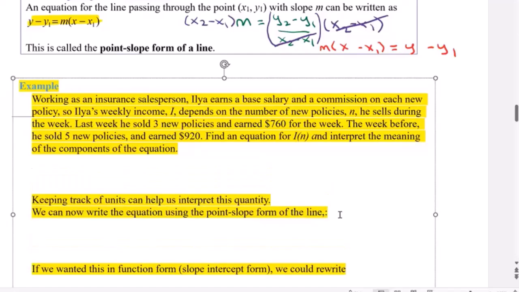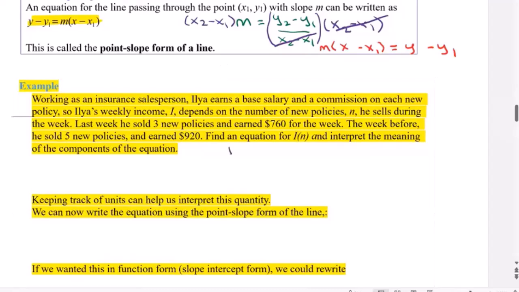And basically, it's asking us to find an equation for this I of n and interpret the meaning of the components. Again, I have 2 equations, right? One equation says that Ilya sold 3 policies. So let's call this policies, and we'll call this income. So when he sold 3 policies, he made $760.